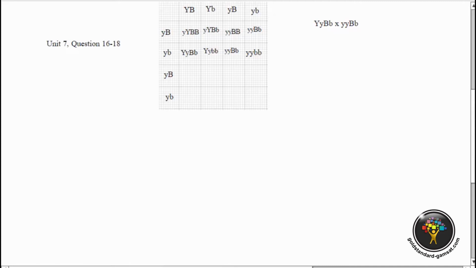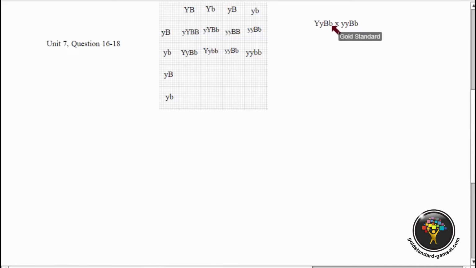Okay, I guess we've got some different opinions on what the answer can be: B, C, A. So let's take a look here. First of all, I would like you to notice that we have independent assortment, which is what the first question was about. You have these two alleles: big Y, which is dominant, and small y, which is recessive.